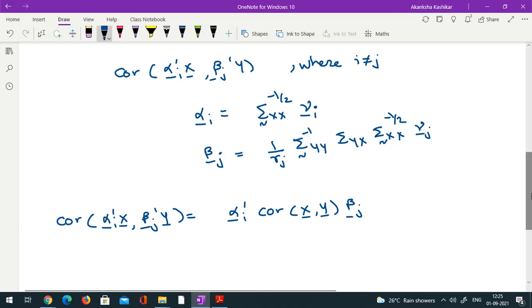Is it okay? Yes, ma'am. Is there any other simpler way of doing this? By using perhaps the properties of canonical variates that we already know or that we had included in the derivation.